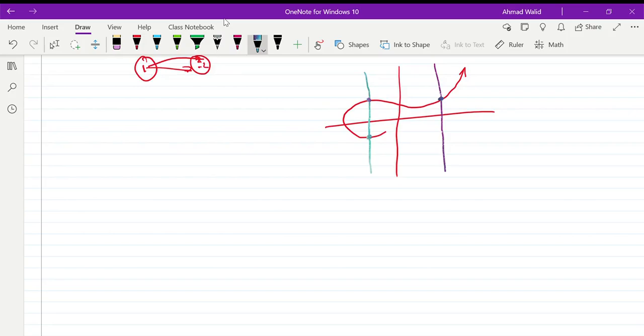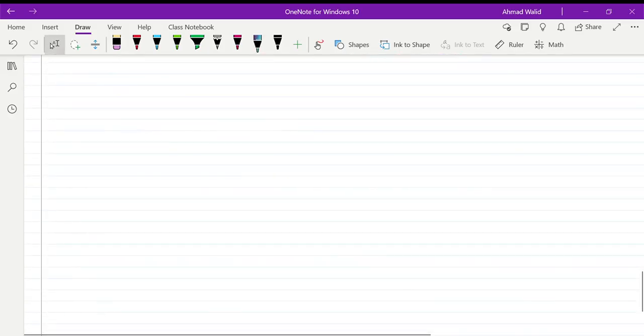Now, you're done with the basics, at least with the definition. Let's start this topic, which is determining the domain of a function.